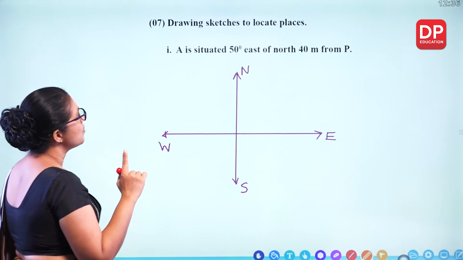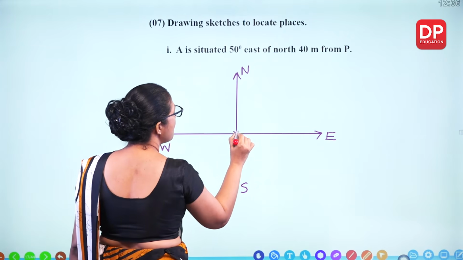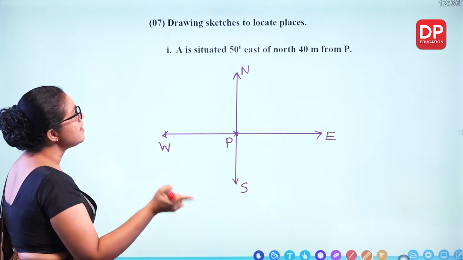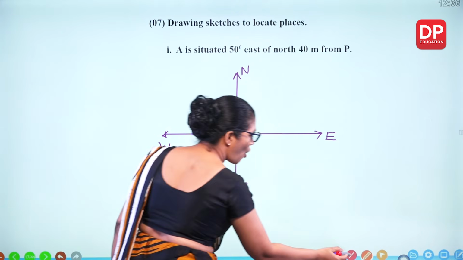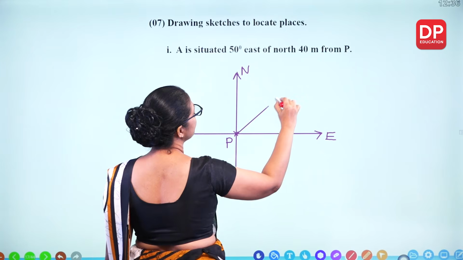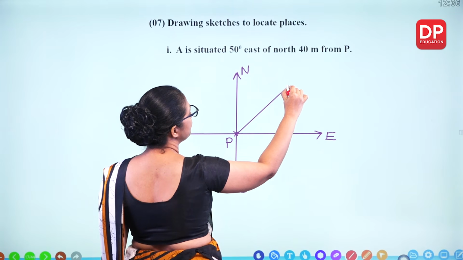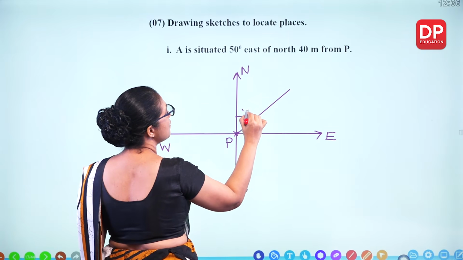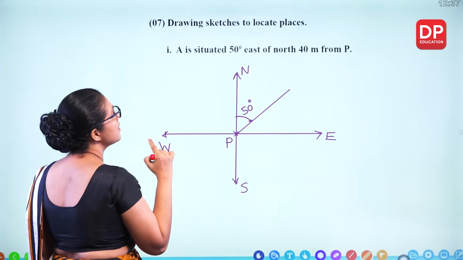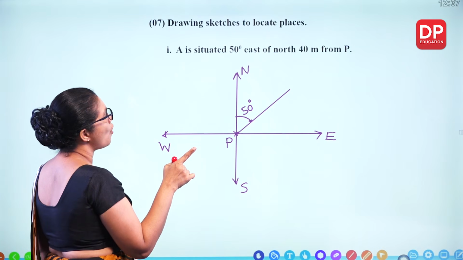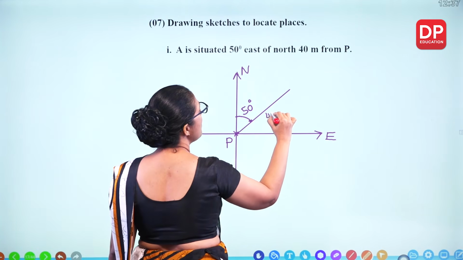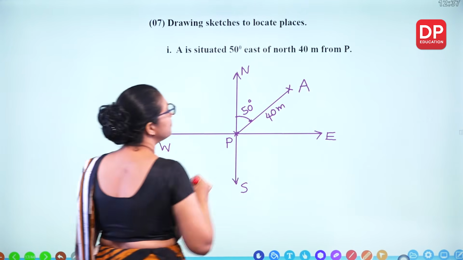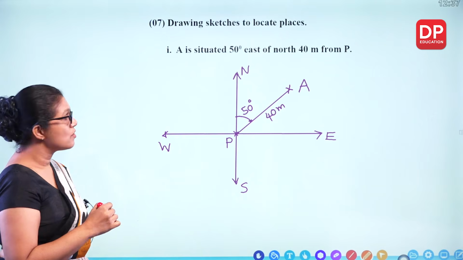Here A is situated from P. If this is P, 50 degrees east of north, we can draw a 50-degree angle. So this angle is 50 degrees east of north and 40 meters from P. So this is point A. That's how we can sketch the diagram.